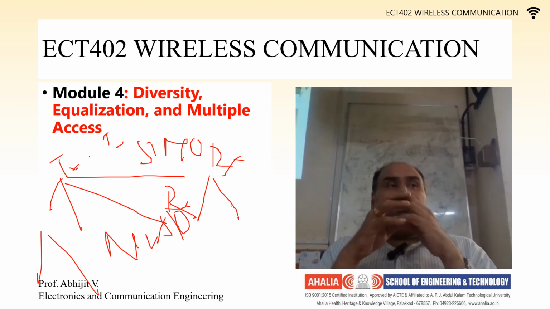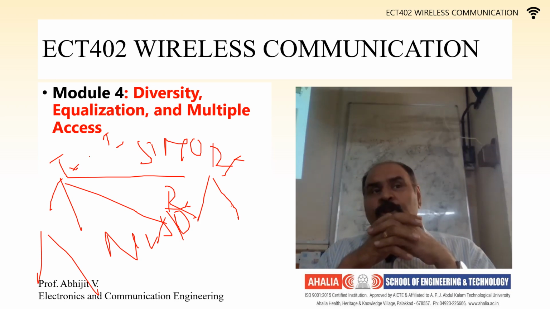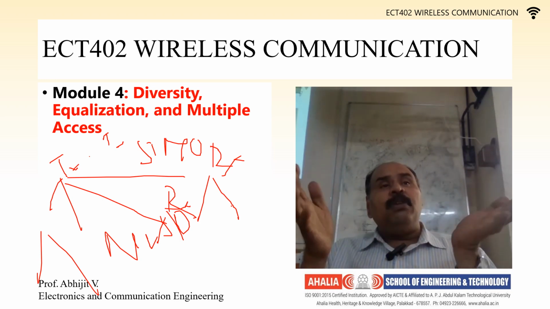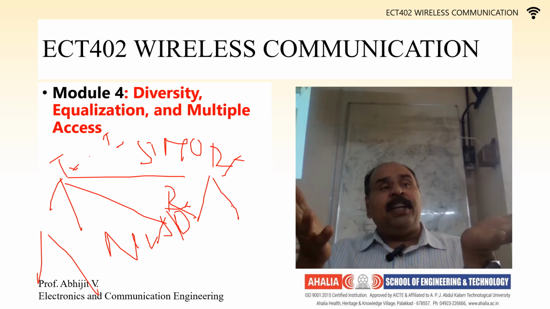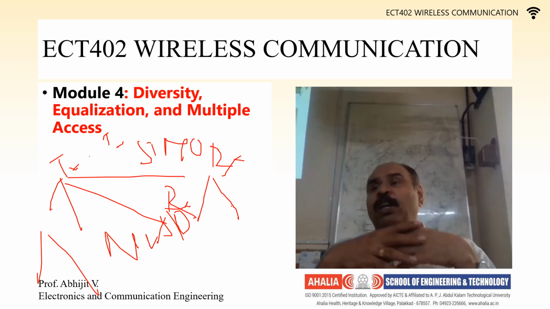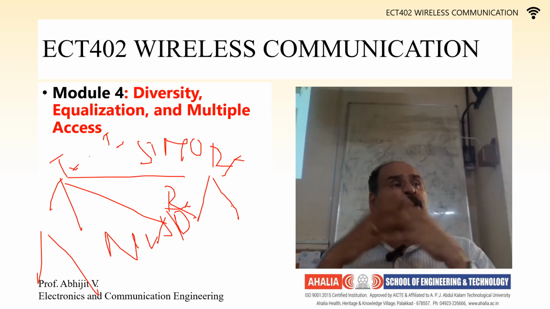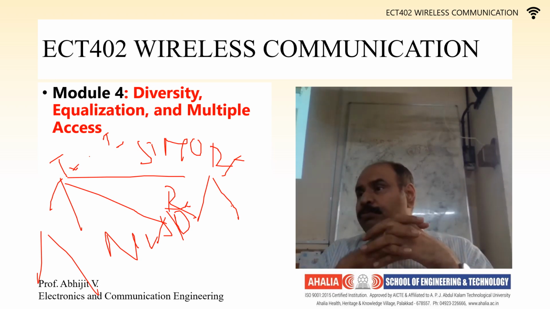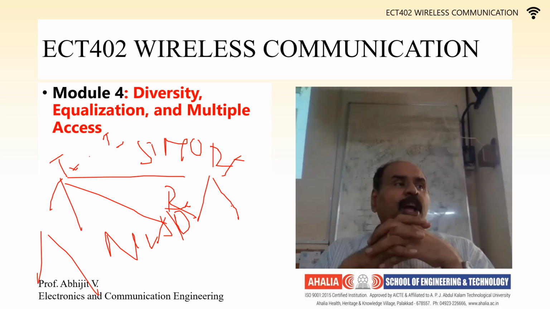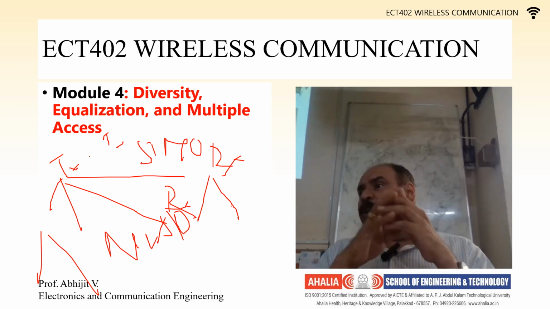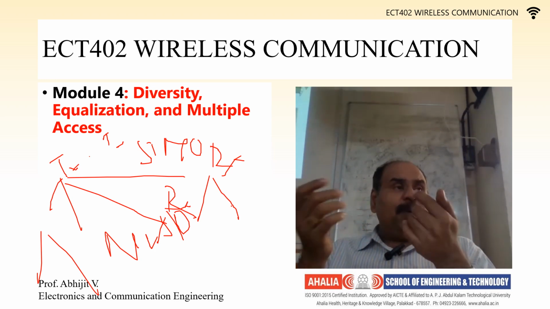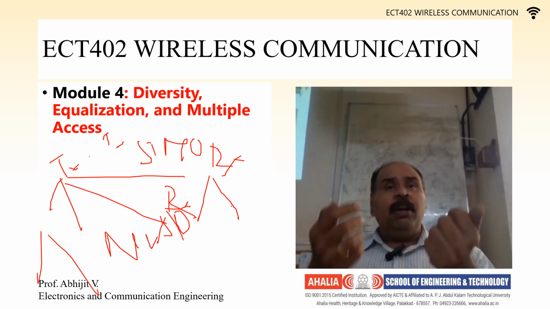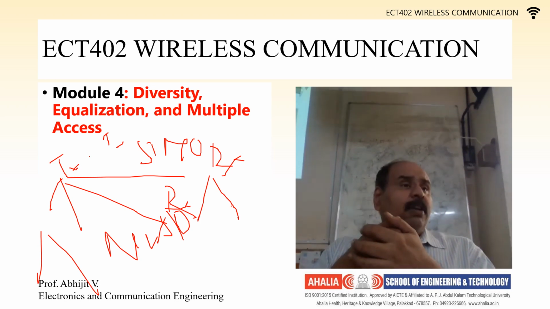When you have multiple inputs and multiple outputs, when you have an array of antennas transmitting and an array of antennas receiving, we call it as multiple input, multiple output system. I hope all of you are very clear with what is single input, single output, multiple input, multiple output, and all the different types of diversities.